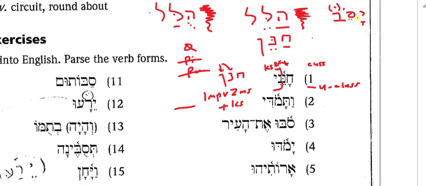I create the imperative by dropping the prefix, and I'm left with sov. But then when I add the pronominal suffix, what's going to happen to my bet? It's going to double. And then where's the accent going to be?